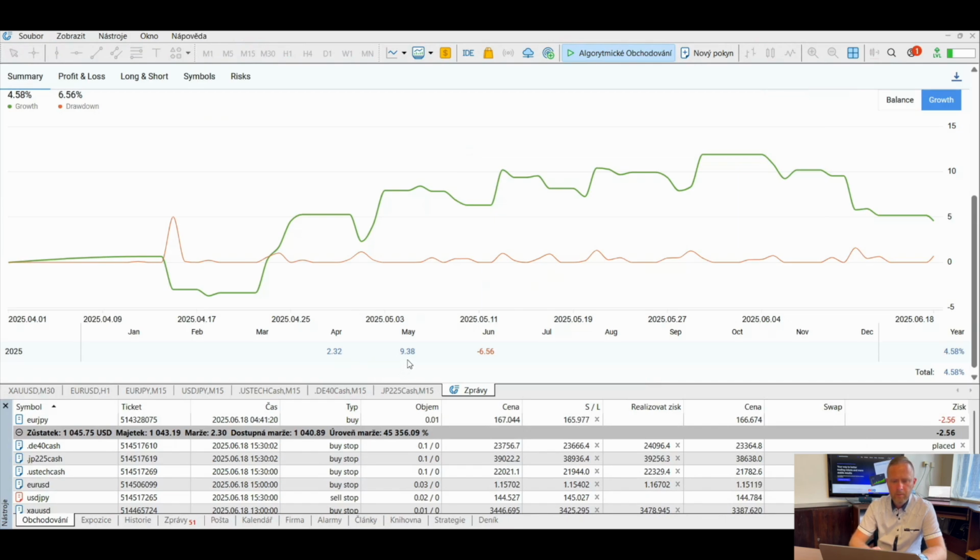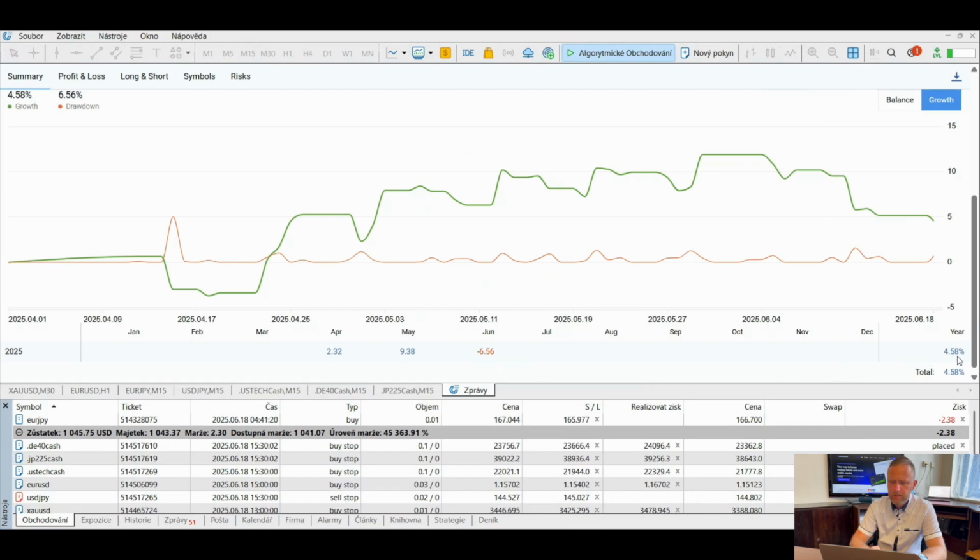In the month of May, there was an appreciation of 9.38%. And in the last month, there was a decline of 6.5%. The overall annual yield in these past 3 months is 4.58%.